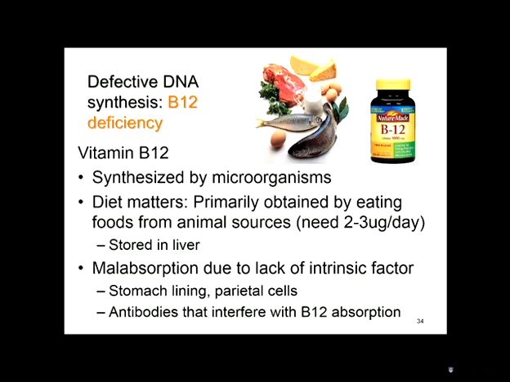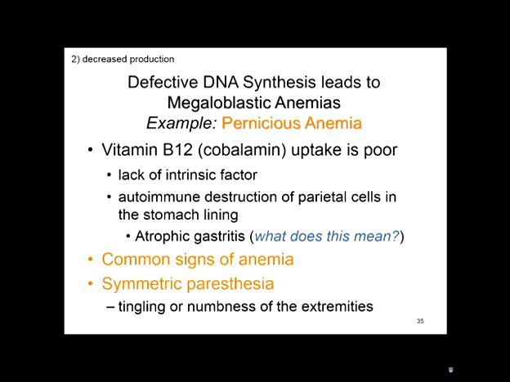And then there are other aspects of that disease: people with pernicious anemia also make antibodies against certain molecules that interfere with absorption of B12. So it's a complicated system, but you have to remember that it's an autoimmune disease and it's only one type of megaloblastic anemia. Pernicious anemia is only one type of it.